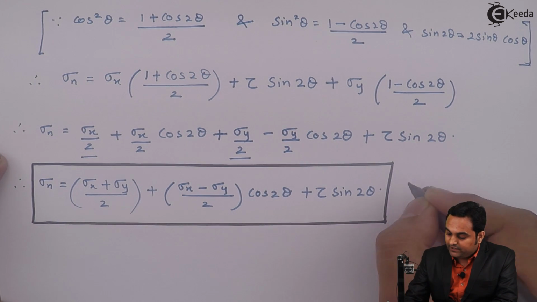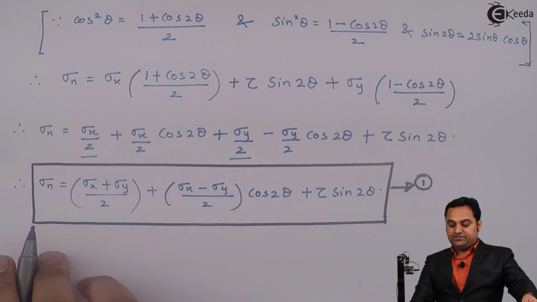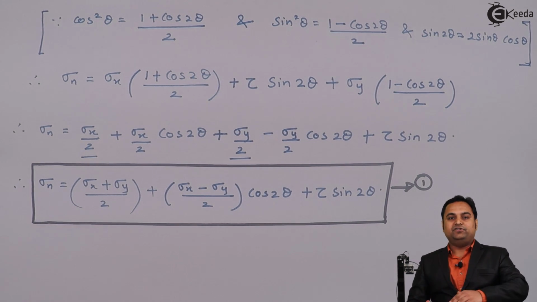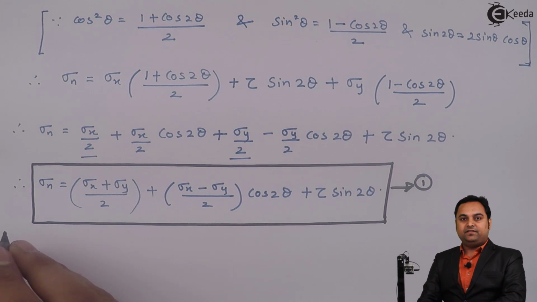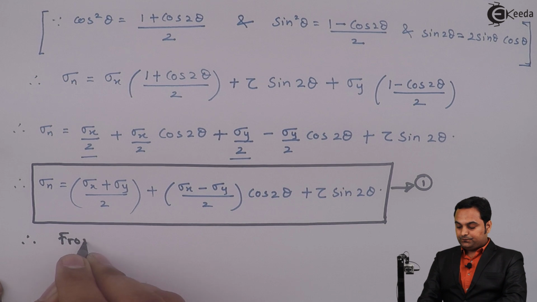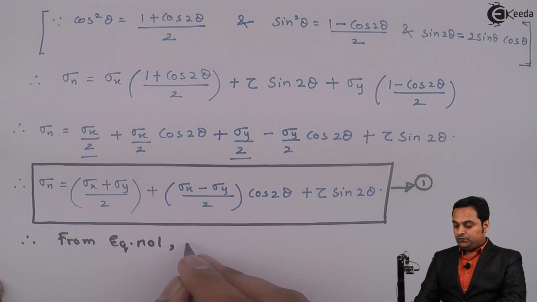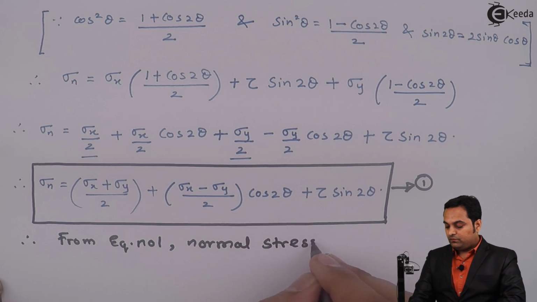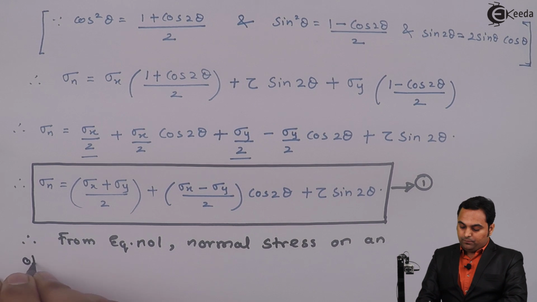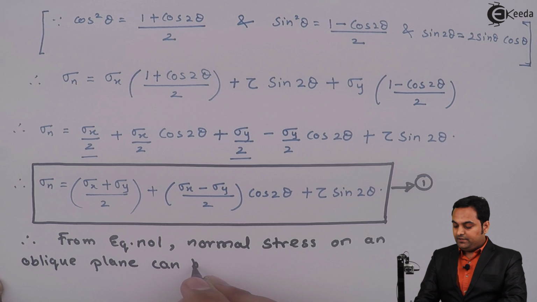So this is my equation number 1, and I have got the formula or expression for normal stress. Half of the derivation is done here. I can say that therefore from equation number 1, normal stress on an oblique plane can be calculated.